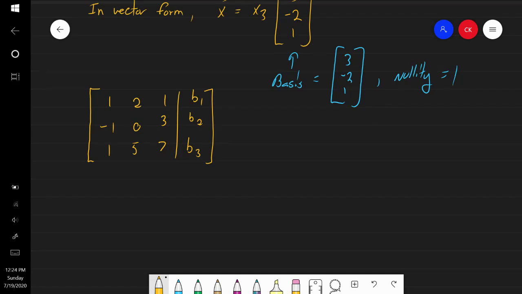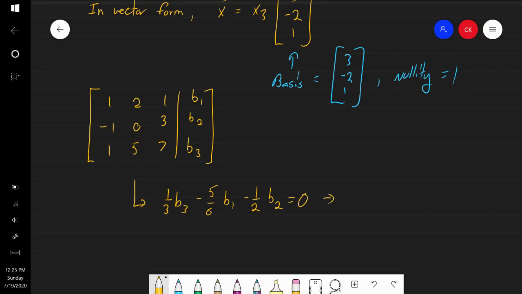So let's go ahead and do that. And I've already done all the manual row reducing on this particular problem, and the resulting condition for this turns out to be that 1/3 B3 minus 5/6 B1 minus 1/2 B2 is equal to 0.